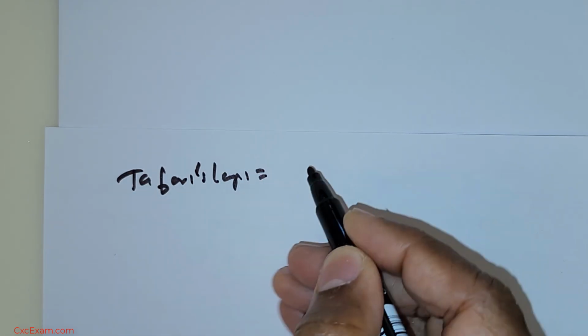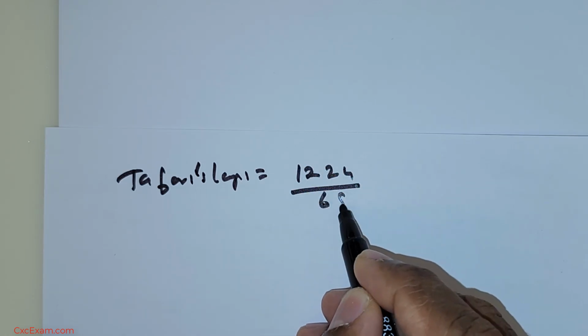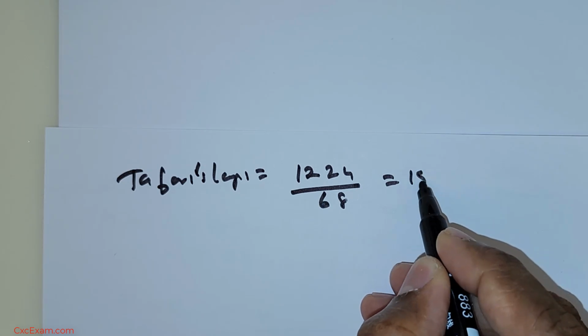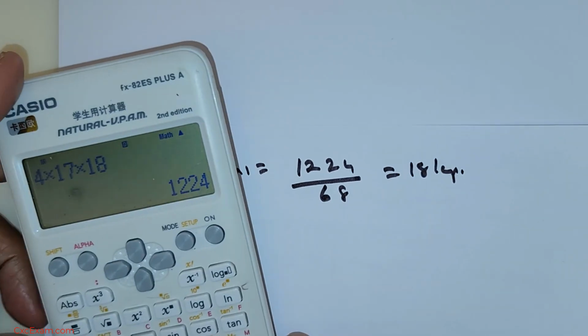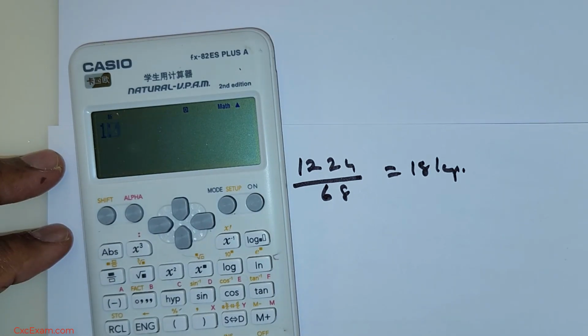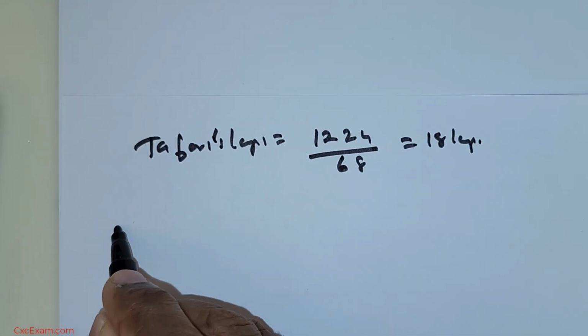Tafari's laps for that duration: 1224 divided by 68. This is going to give us 18 laps. So you can just verify it. 1224 divided by 68 is 18, and 1224 divided by 72 gives us 17.